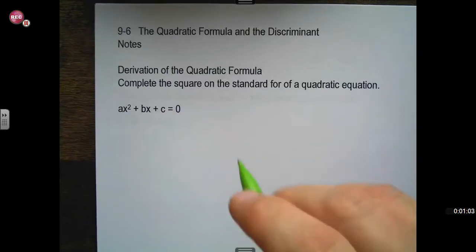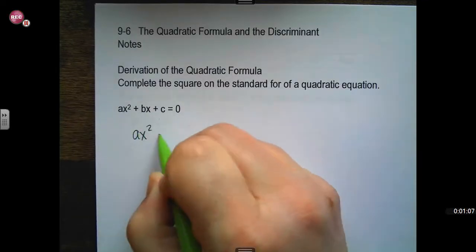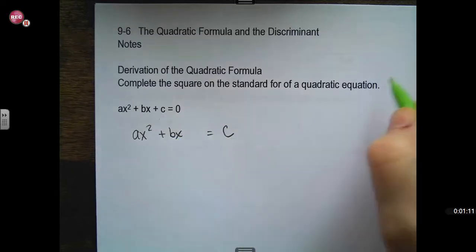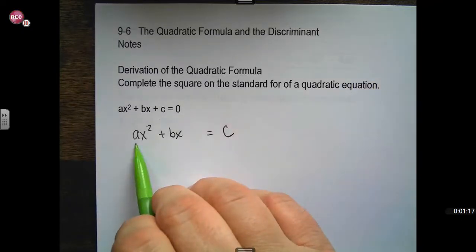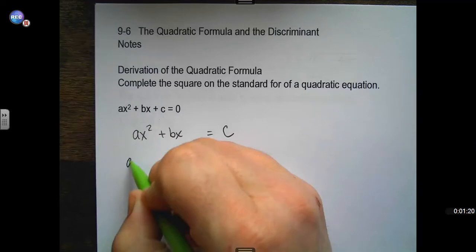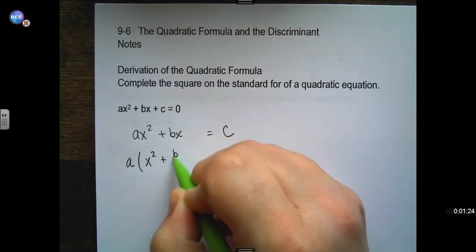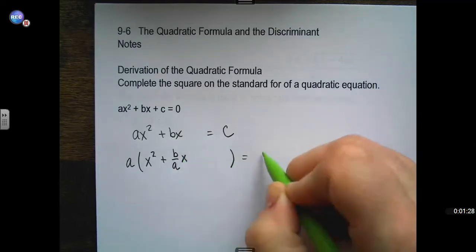So what we do is we move the constant to the other side. We have ax squared plus bx equals c. And then the leading coefficient for x squared has to be 1, so I'm going to factor out an a, which will leave me with x squared plus b over a x equals c. Okay?